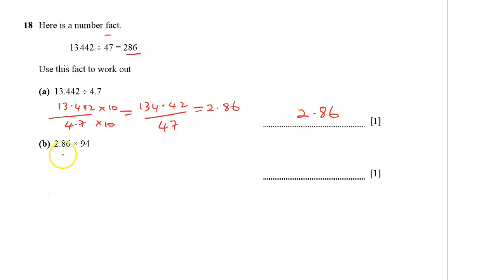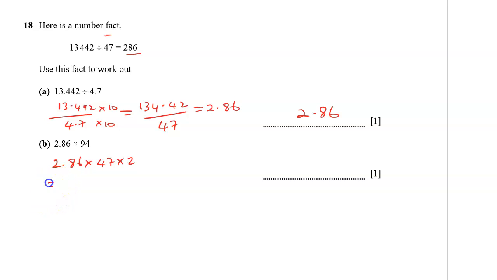Then we have 286 times 94. Of course, 2.86 times 94, this is the same as 47 times 2. 47 times 2 gives you 94.